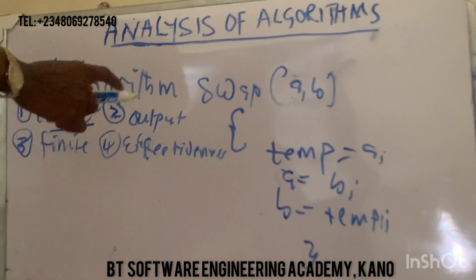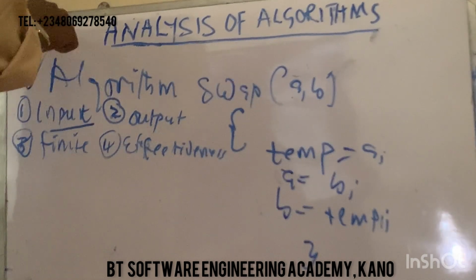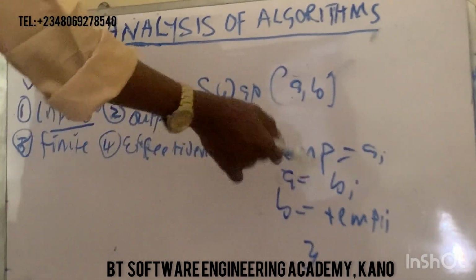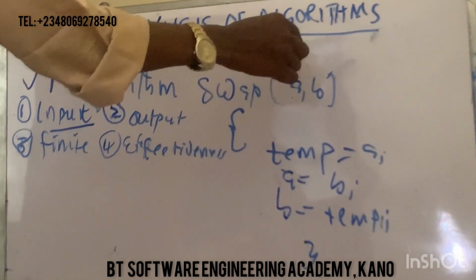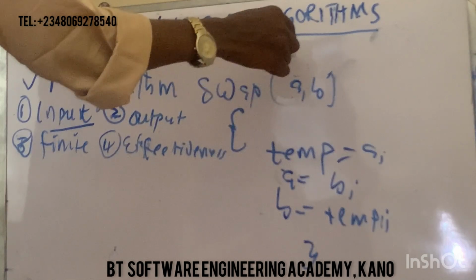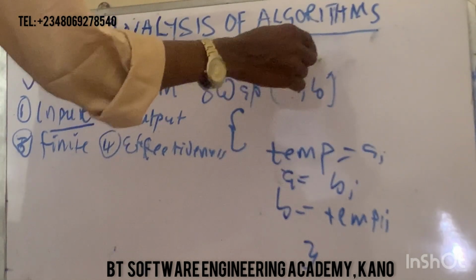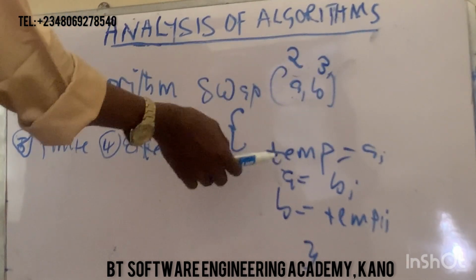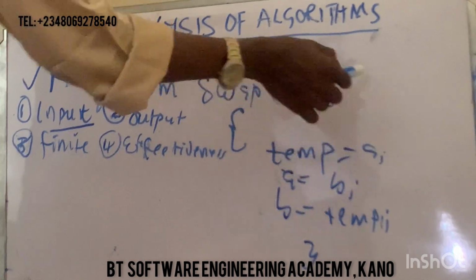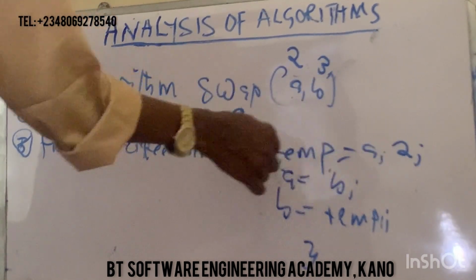So A and B are input, correct? Output. Suppose, for example, when I write the program, A equals 2 and B equals 3. Here in the instruction, I'm telling the computer temp equals A. The value of A here is 2, so now it has stored temp as 2.